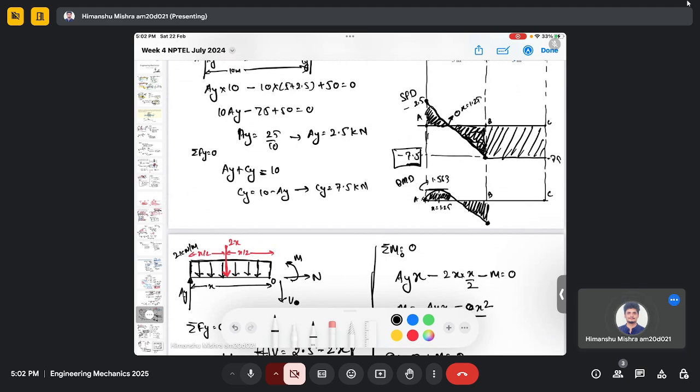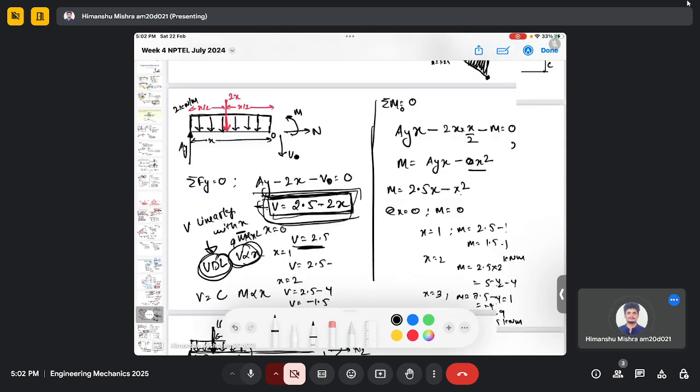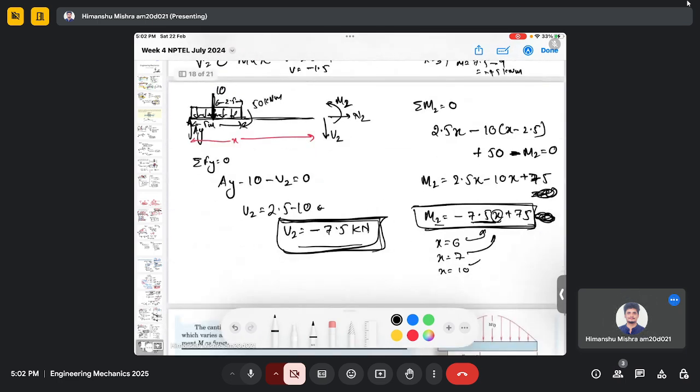So at x equals, let's say, 5, I will have minus 7.5 times 5 plus 75.